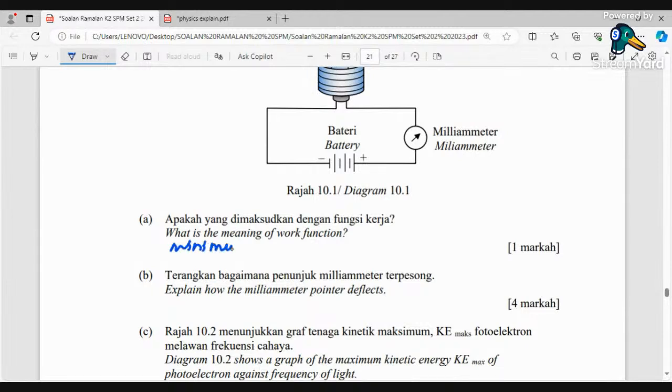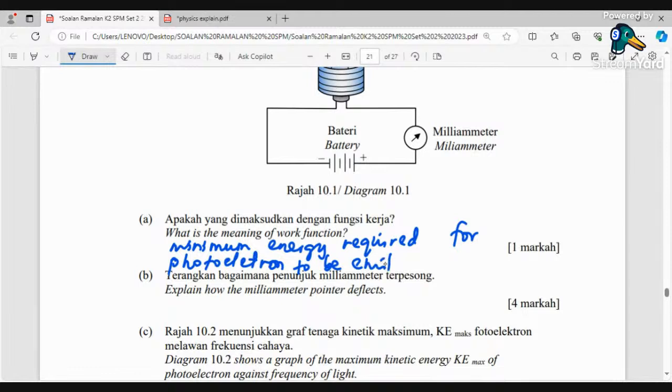Minimum energy required for photoelectron to be emitted from a metal surface.